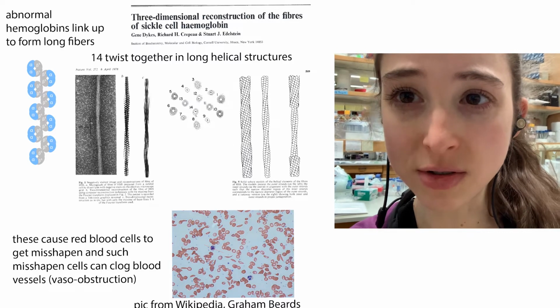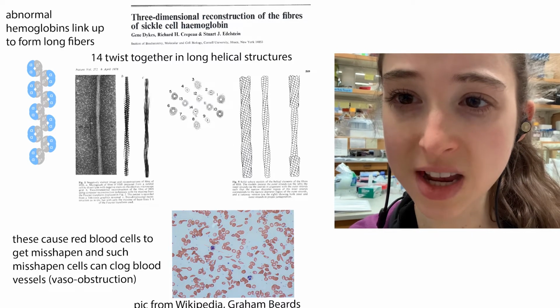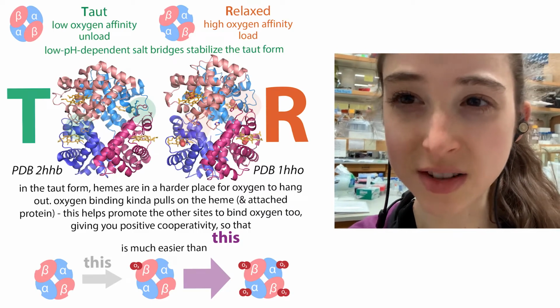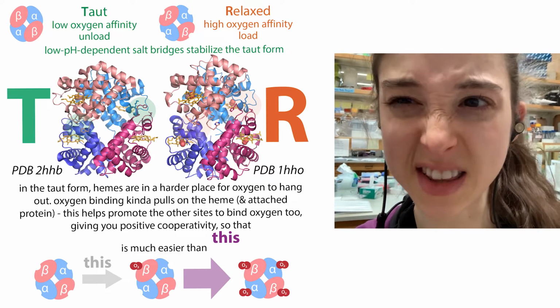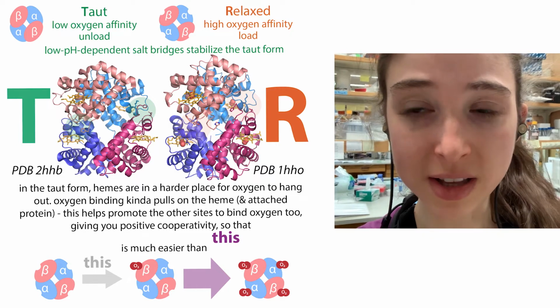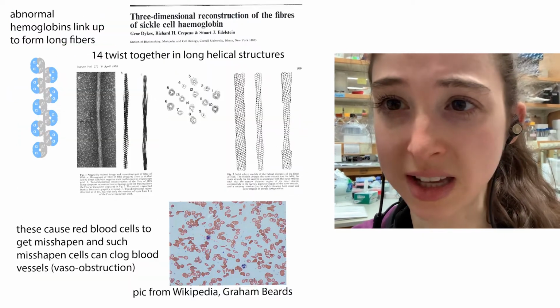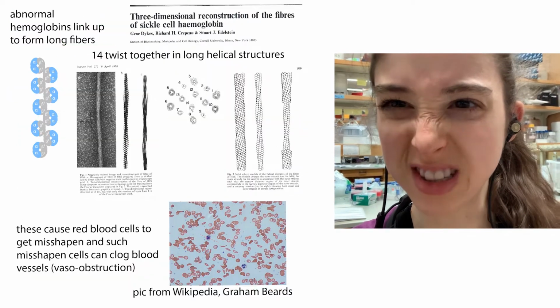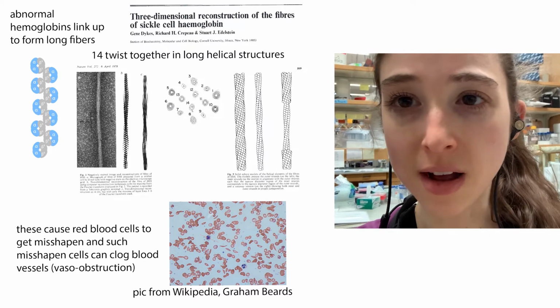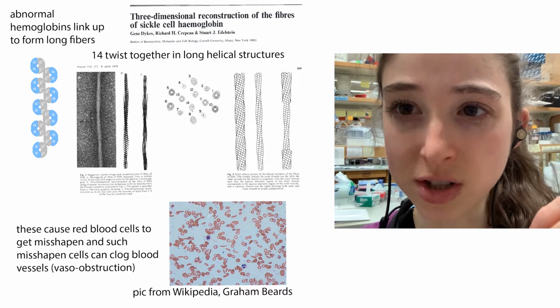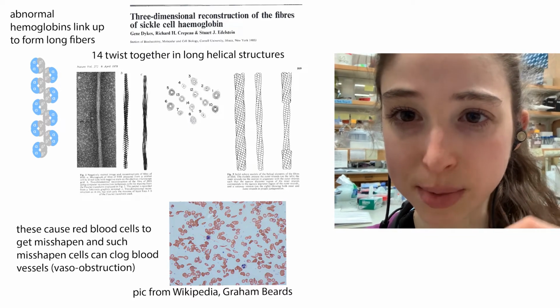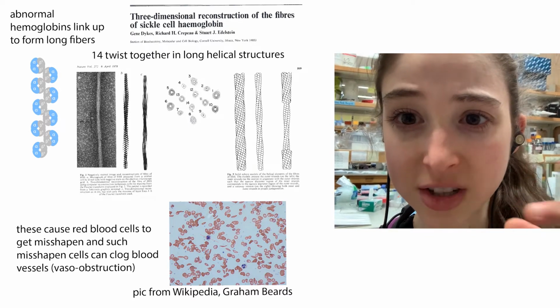This happens mostly in the deoxygenated state of hemoglobin. Hemoglobin has different shapes when it's bound or not bound to oxygen. And when it's in the state that's not bound to oxygen, it's more prone to this linking up, this fibrillization or polymerization. When the hemoglobin's going through the bloodstream, it's picking up oxygen, giving oxygen, picking up oxygen, giving oxygen, picking up oxygen, giving oxygen.